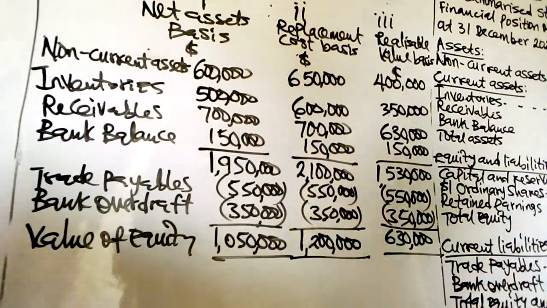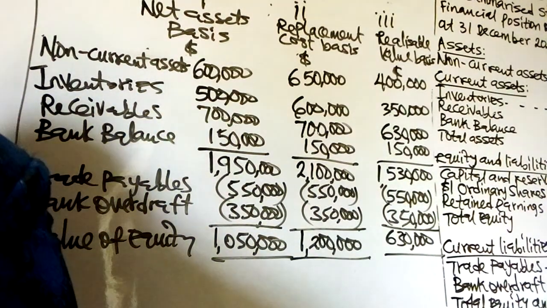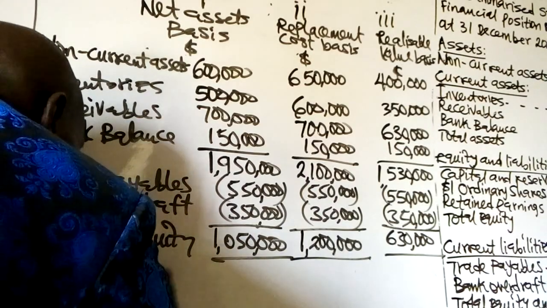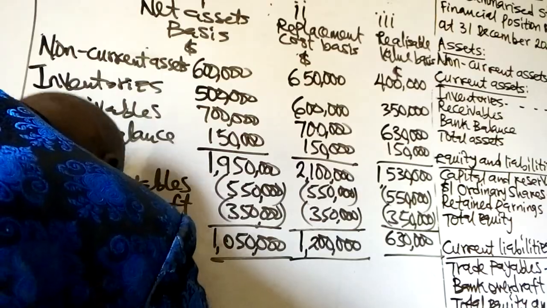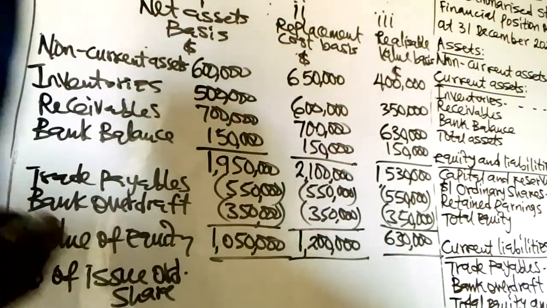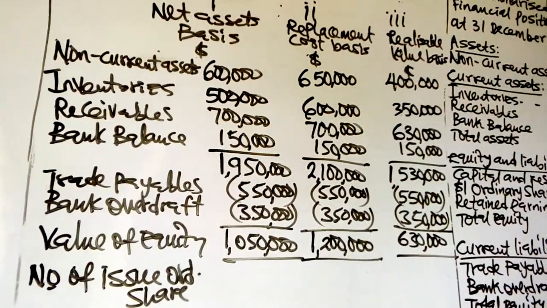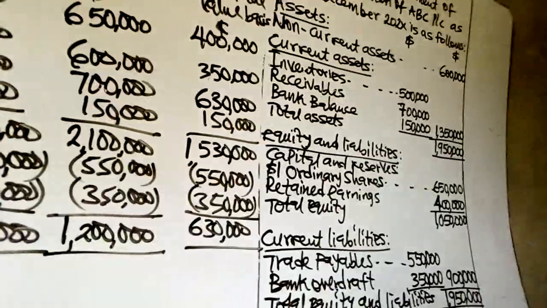Then after this, you have the number of ordinary shares. You go back to the equity section of the statement of financial position.